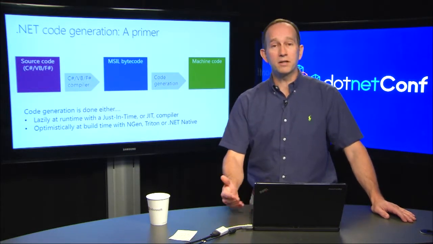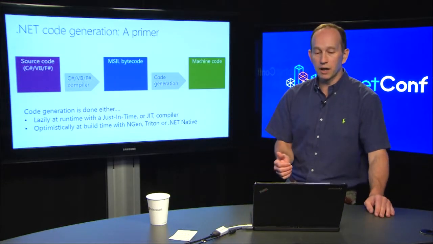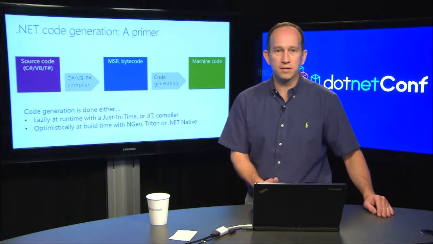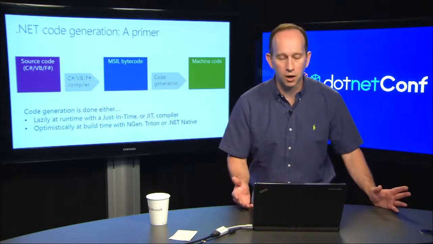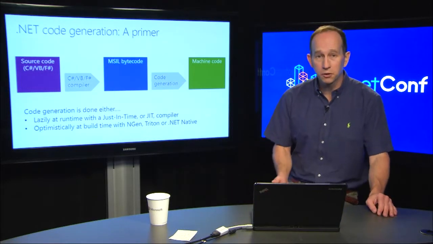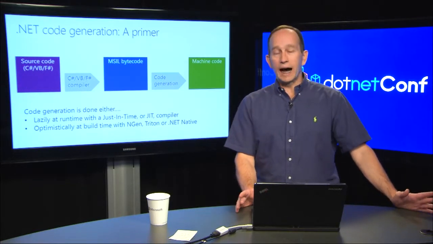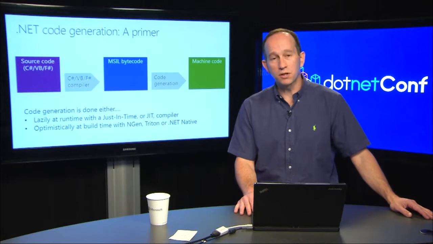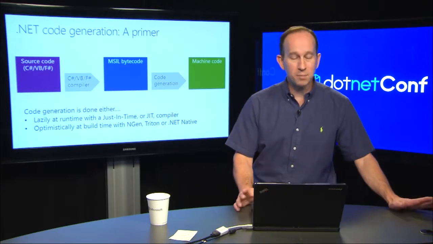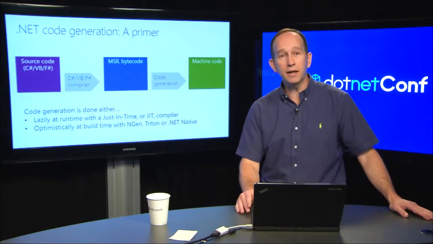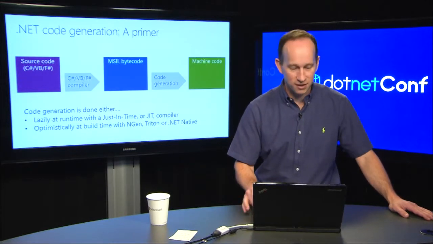You generate code in some fashion, and that code that you've generated is machine code, so x86 or AMD64 or ARM machine code, depending on what computer or phone you're running on. Code generation can be done either lazily at runtime, which is what you do with a JIT, or optimistically at build time or at install time. And in .NET Native, all of our code generation is optimistic.